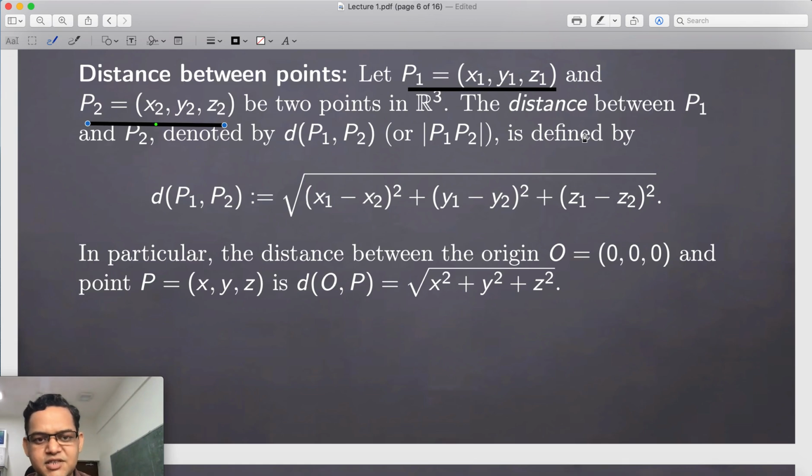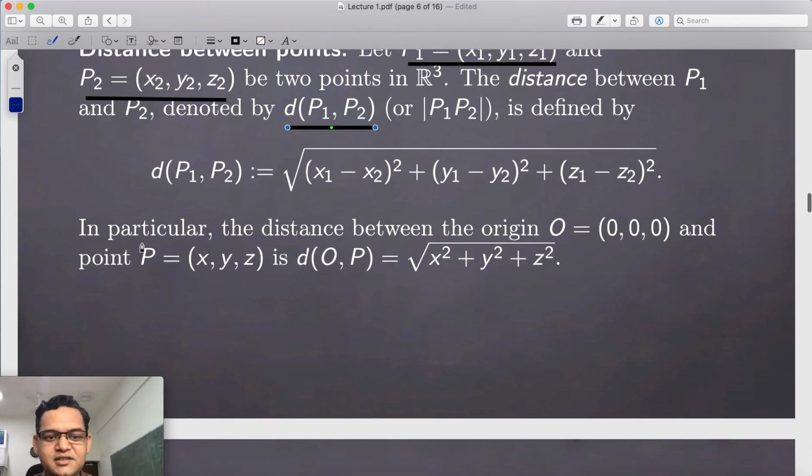The distance between these two points, we will always denote by d of p1 comma p2, or sometimes in the book you will see vertical lines around p1 p2, called the mod of p1 p2, or the distance between p1 and p2. What you do is, you take the difference of the corresponding coordinates, first coordinate with first coordinate, and then take the square, do the same for each, sum them up, and take the square root.